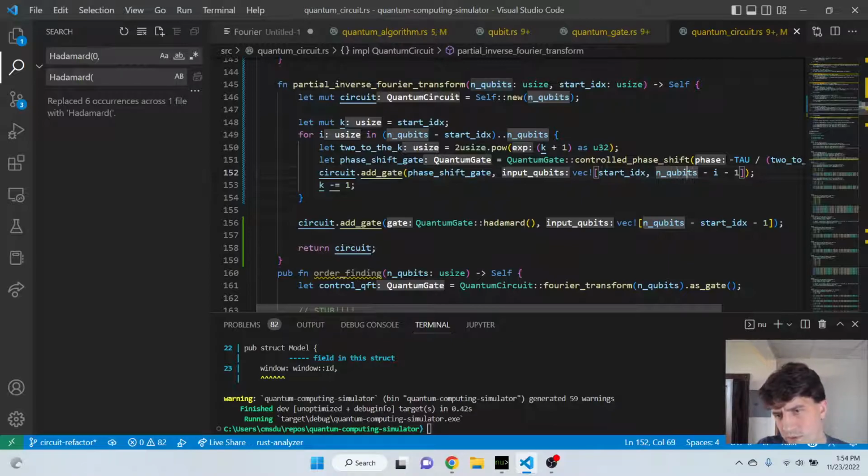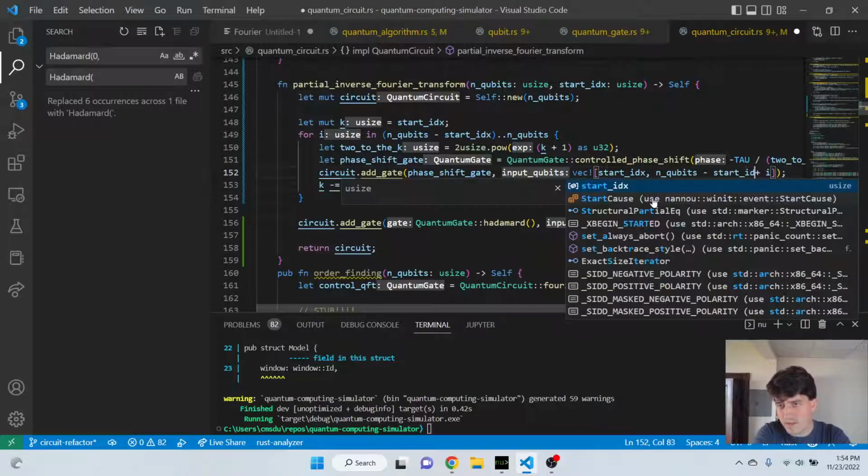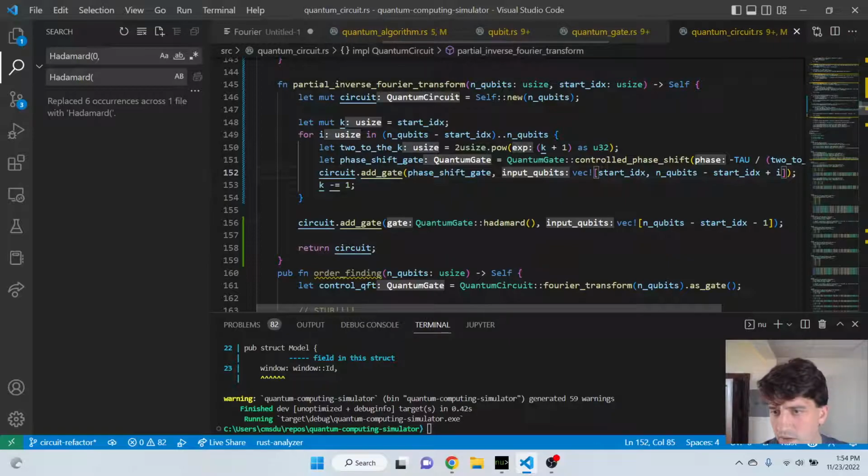So we want plus I. It's got to be n qubits minus start IDX plus I, or whatever the version of this is that works.